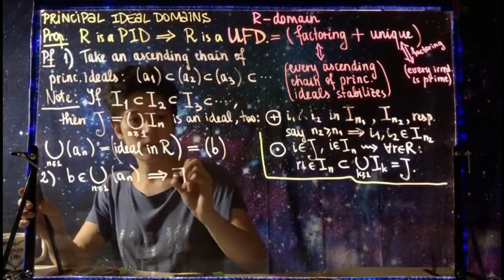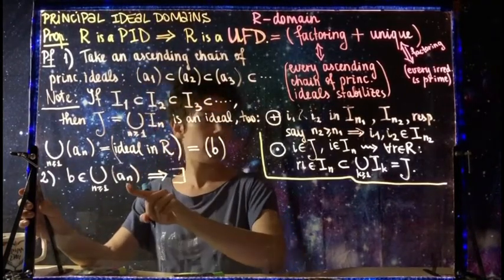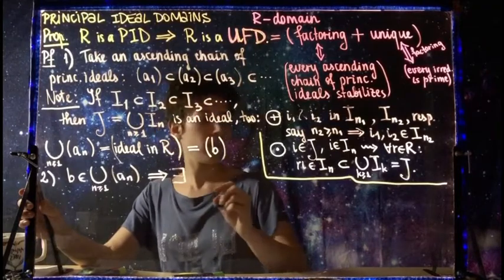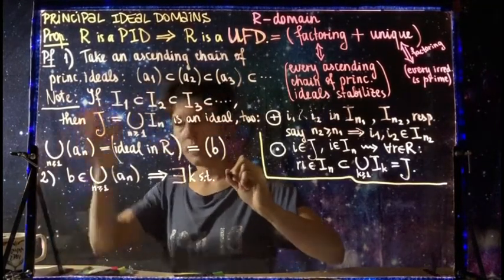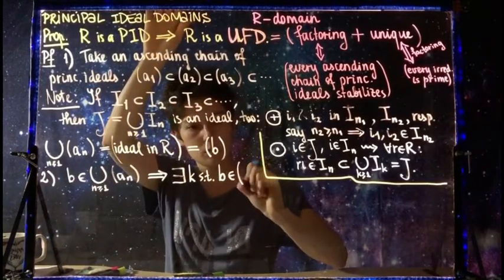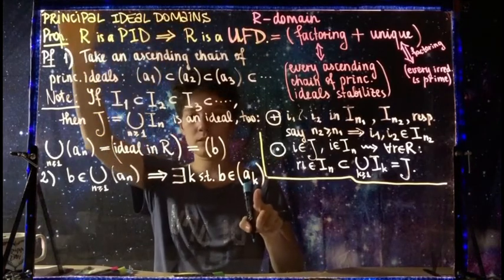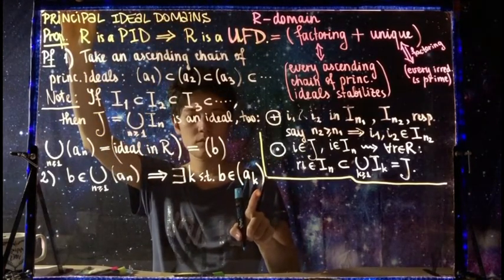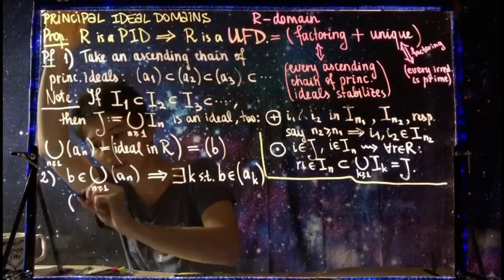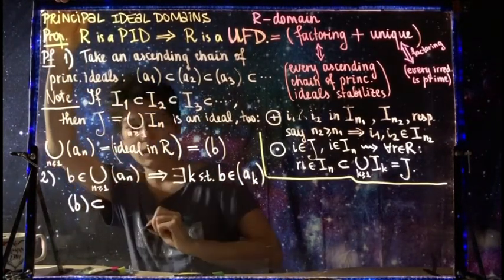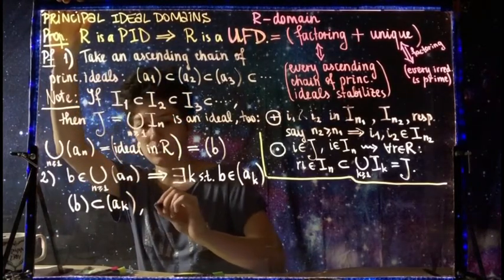And so there exists a finite step, A_K, such that B belongs to the ideal generated by A_K. But this means that we have just proved the inclusion that B is contained inside of A_K.